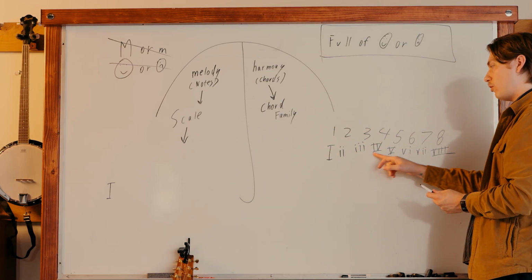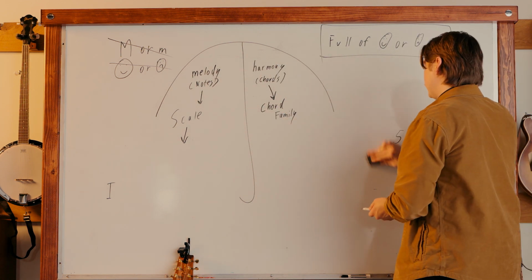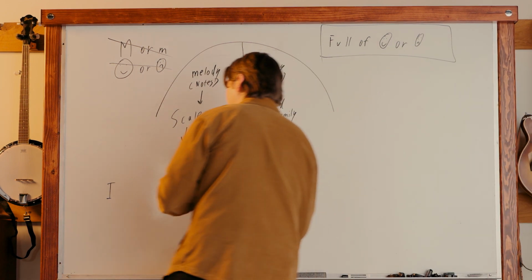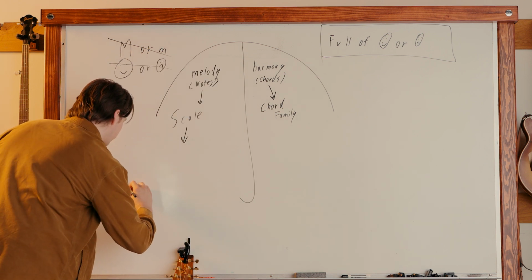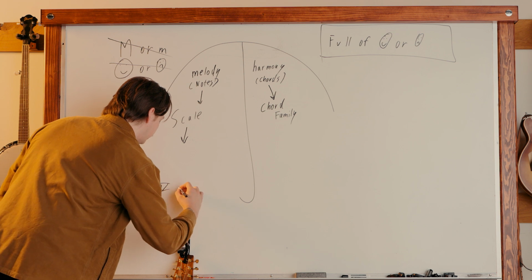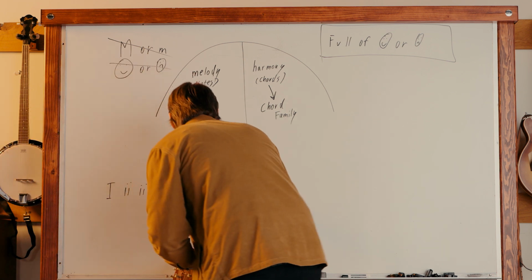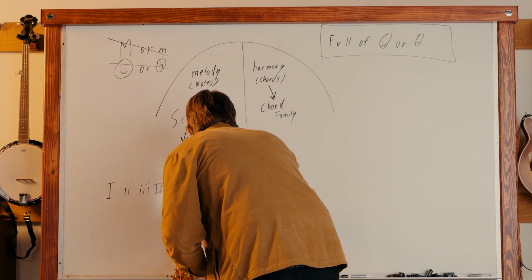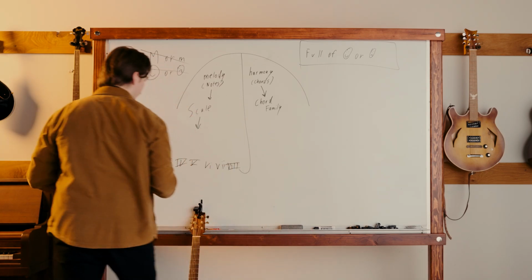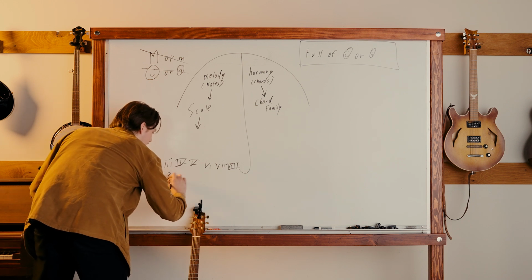Remember, this is just counting up to 8. Stay with me. We got this. Watch this. What I'm going to do is write out 1 through 8 in Roman numerals, just like this. Now, I'll write this here too to help you guys.